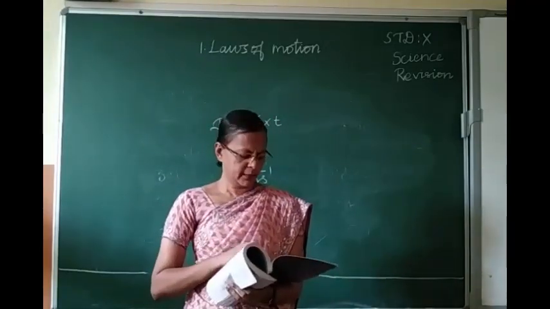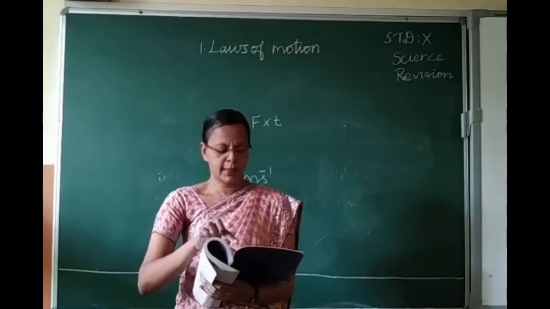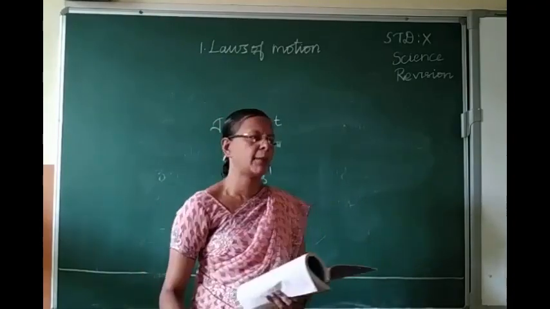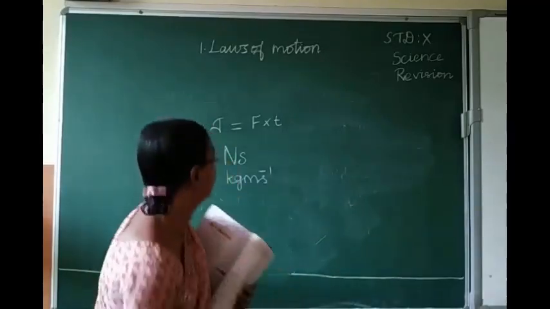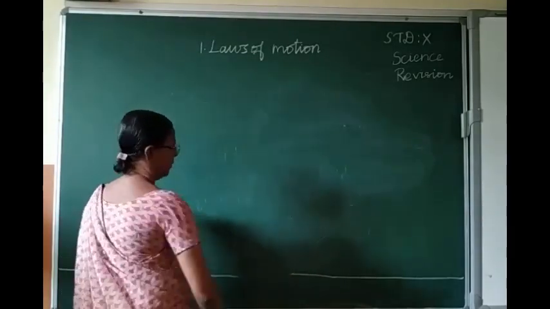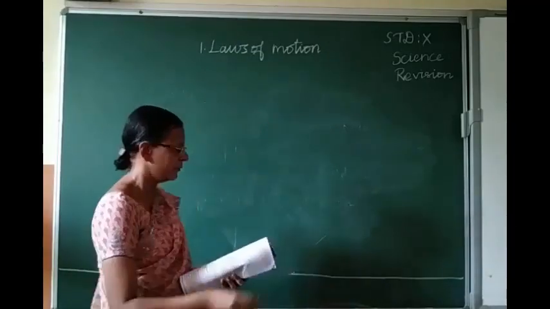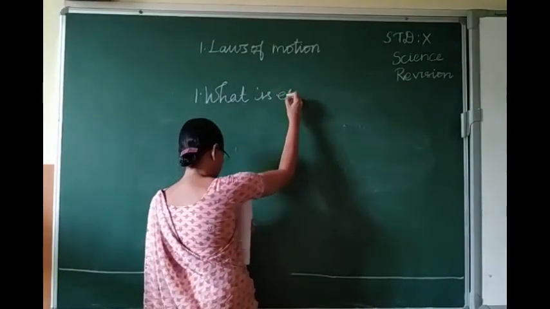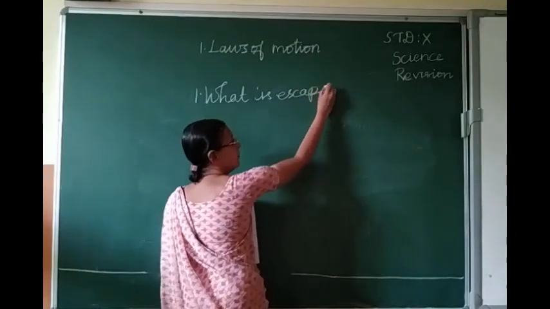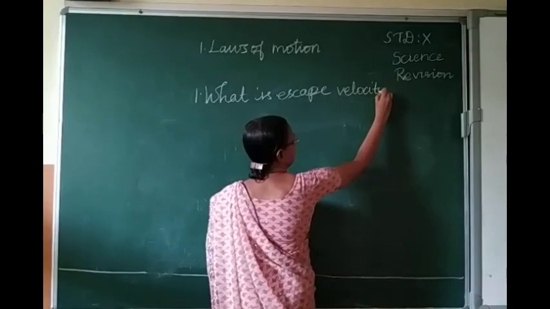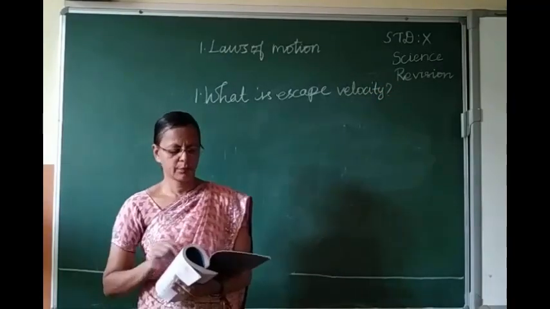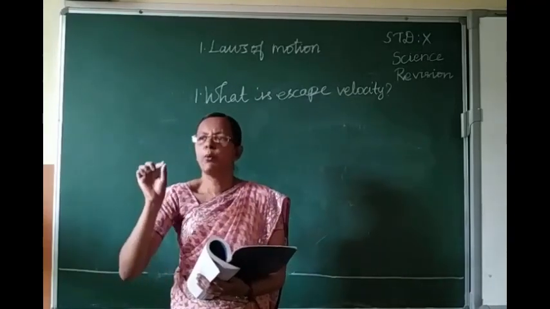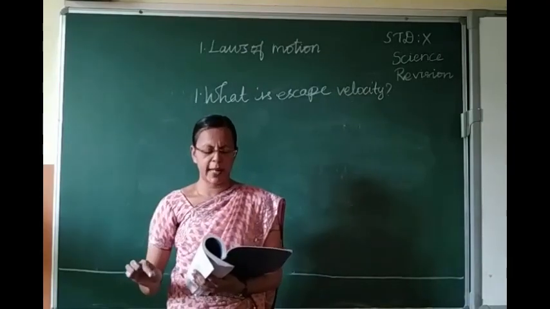Next, below rocket propulsion, on the same page, second column, second paragraph, last, we can see what is escape velocity. What is escape velocity? The velocity which is sufficient to just escape from the gravitational pull of the earth is called escape velocity.